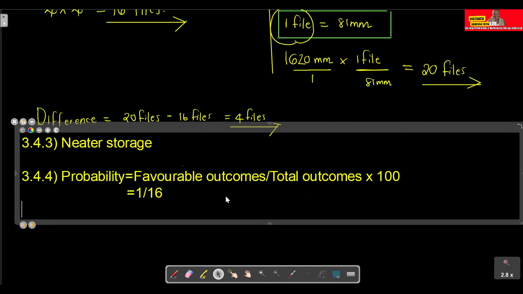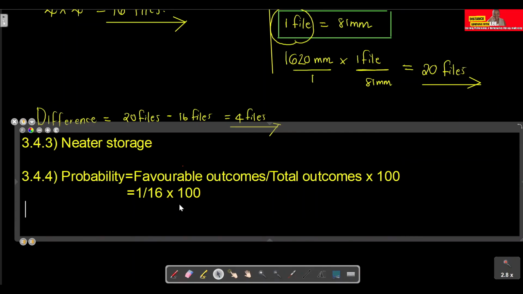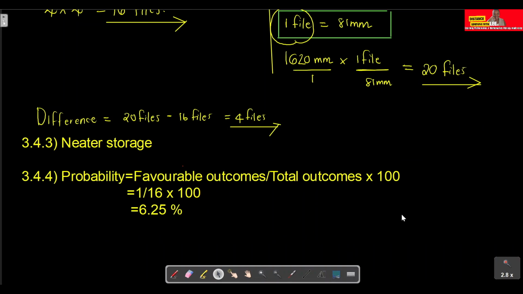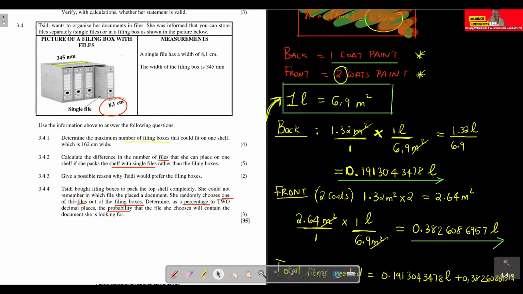So if you take 1 divided by 16 and multiply by 100, the probability that it's the file that she wants is equal to 1 divided by 16 times 100, which is just equal to 6.25%. Okay, and that is basically your final answer for question 3.4.4.